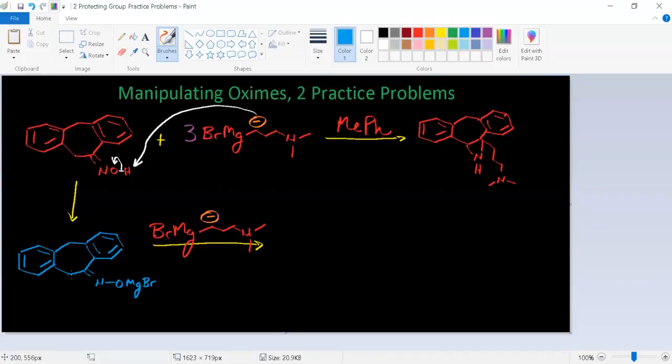Let's draw on the proton we're going to deprotonate, and start to deprotonate that proton with our Grignard reagent. That'll put the electrons onto this carbon and give us our next intermediate.